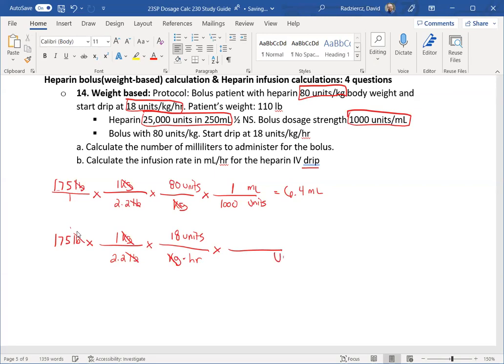And we're going to use what it tells us we have available. We have 25,000 units, we have 250 milliliters. Again, canceling those out, we're left with what we're looking for, which is milliliters per hour. So I'm just going to take my 175 times 18 times 250 divided by 2.2 divided by 25,000. And I will get 14.31818181, so 14.3 milliliters per hour.